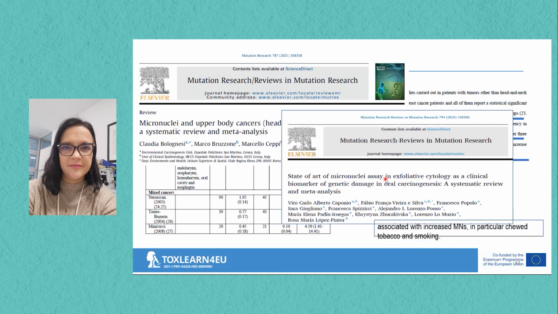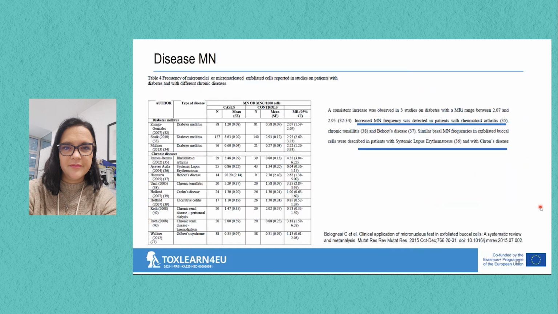In 2024, based on all those evidences from the scientific literature, it has been concluded that buccal micronucleus assay can be used also as a clinical biomarker of genetic damage in all types of oral carcinogenesis. So you can also check this article if you're interested in more details about that.